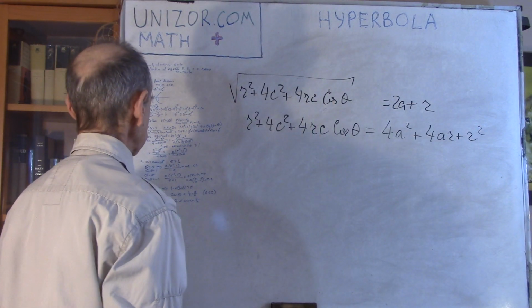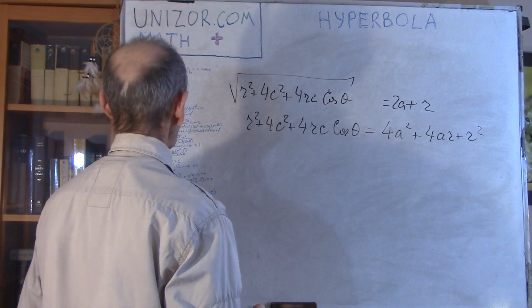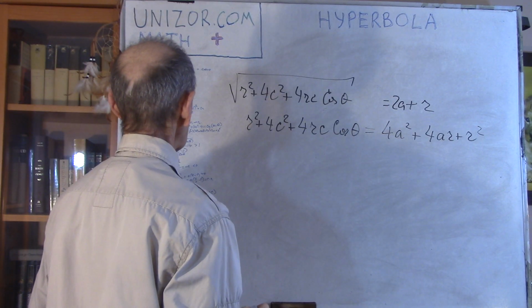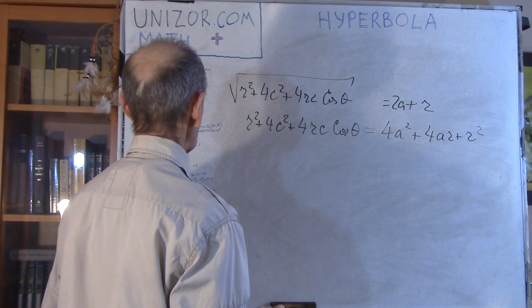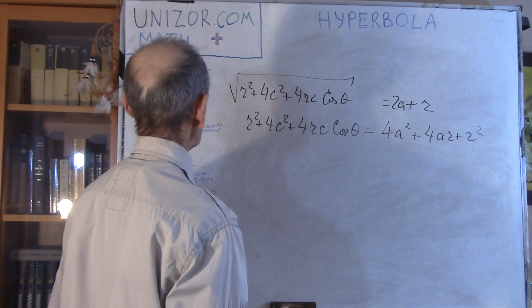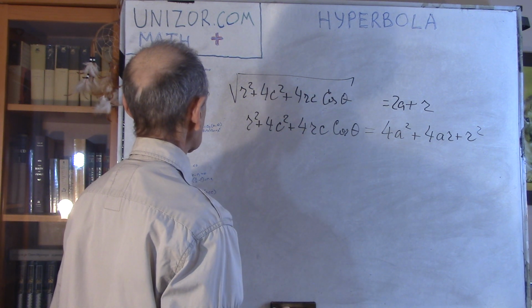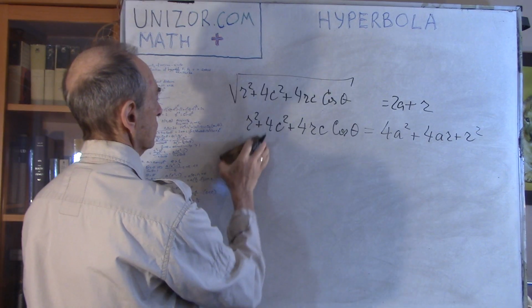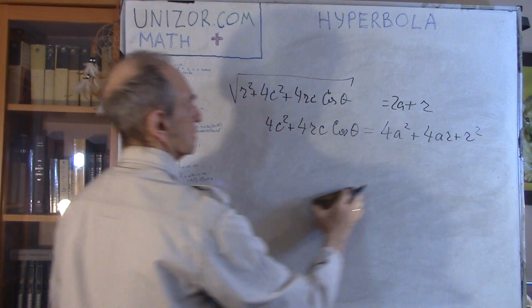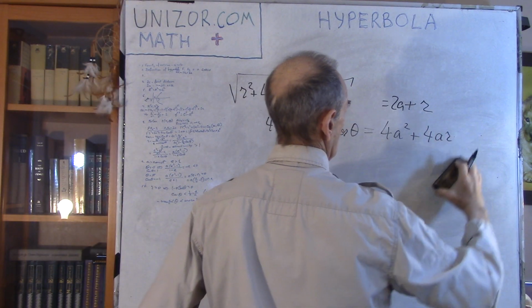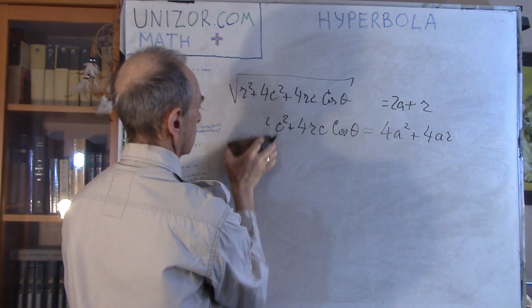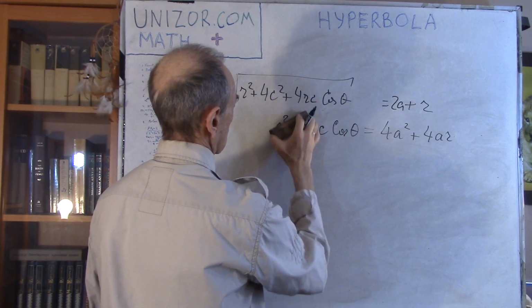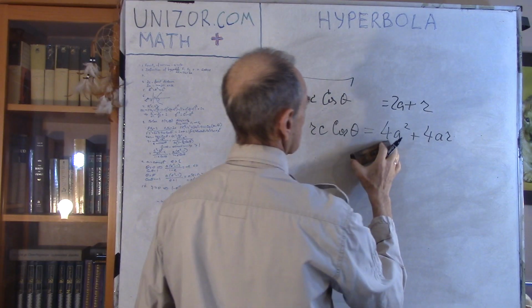All right? Yeah, looks like it. Okay, what can we do? Well, we can get rid of r squared on both sides. We can get rid of 4, they're all multiples of 4.